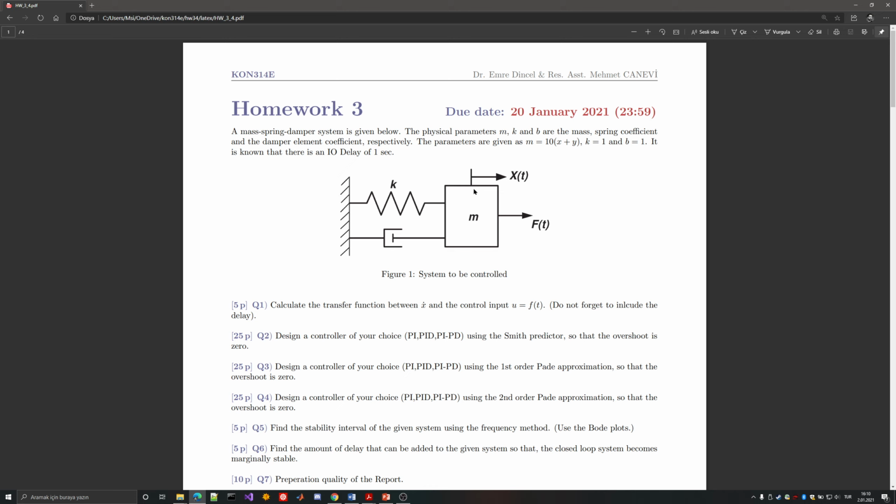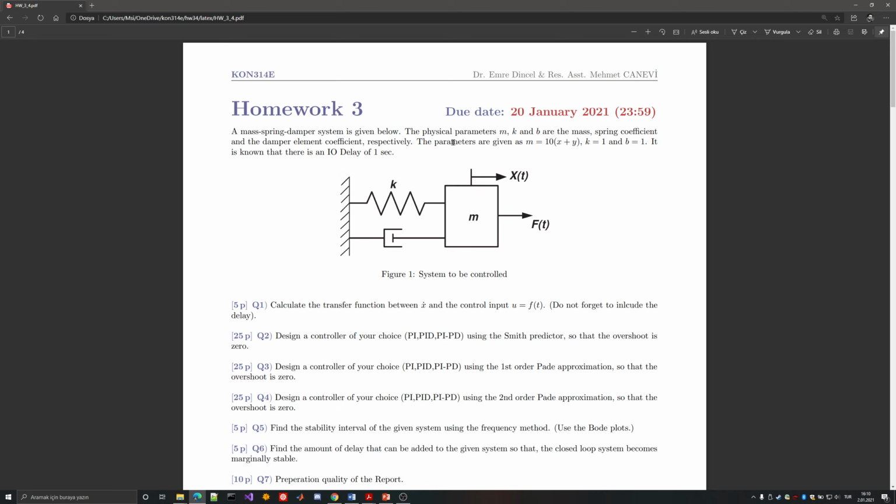The physical parameters are given as m, k, and b. Unfortunately, b is missing its label here, but since this is the only one left, you can assume that this is b, because you have to know physical modeling from previous lectures. This is the damper element, and its coefficient is b.